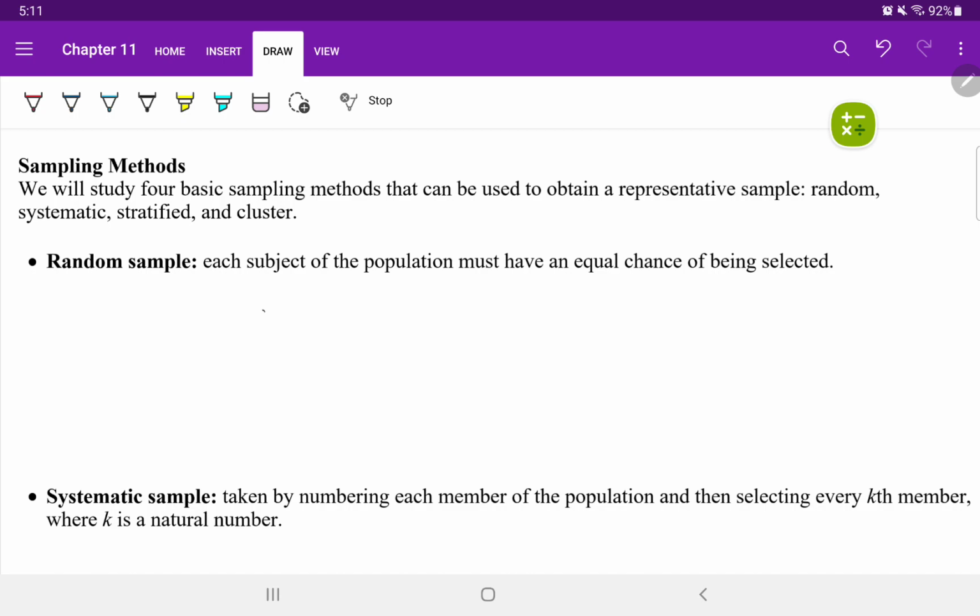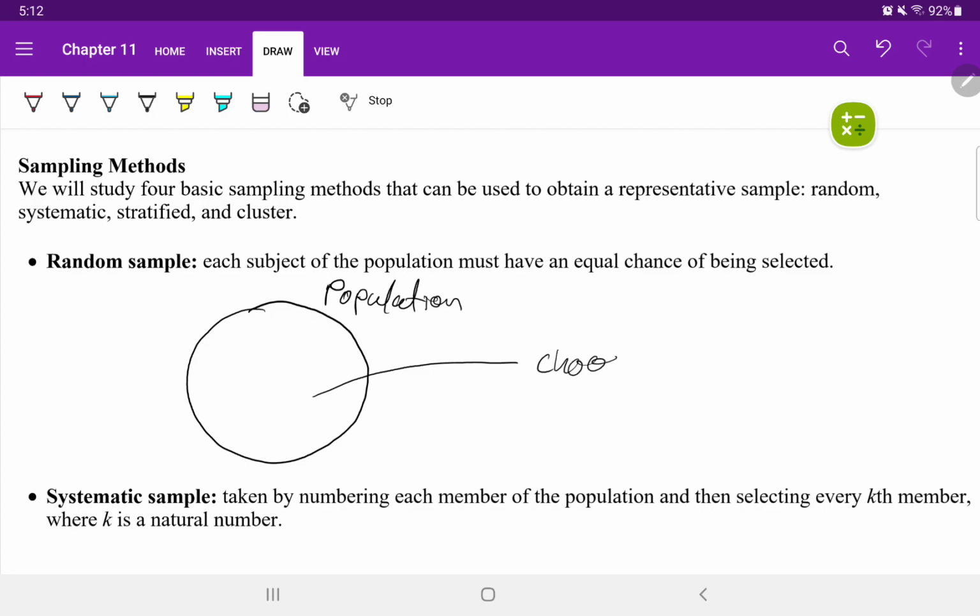So I'm going to draw my population. Say this circle right here is my population. Out of my population, I am going to choose 30 people at random.